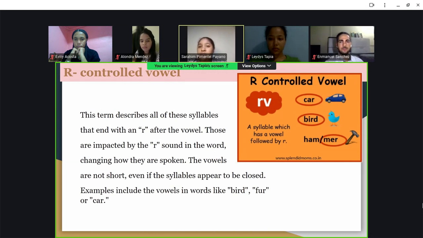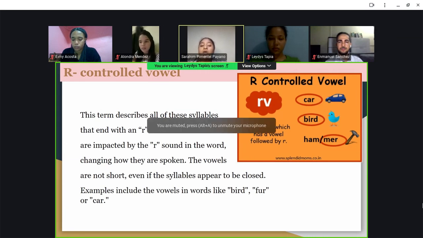It's important to classify these syllables because this highlights how the presence of the consonant R can shape the pronunciation of preceding vowels in certain English accents.